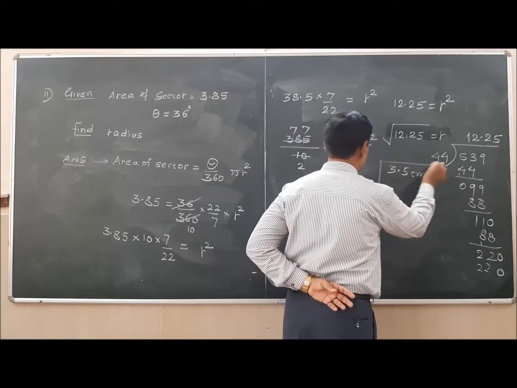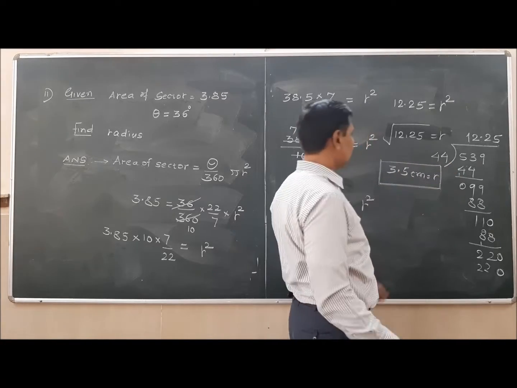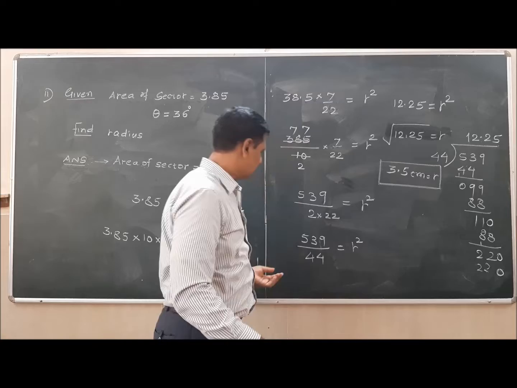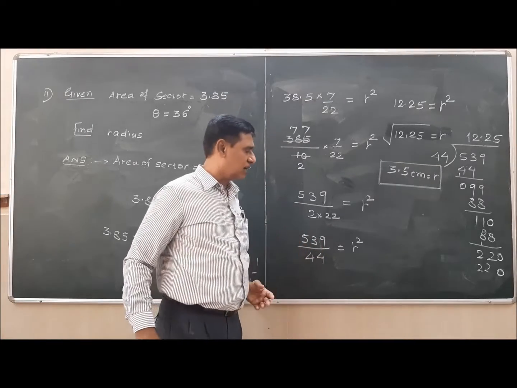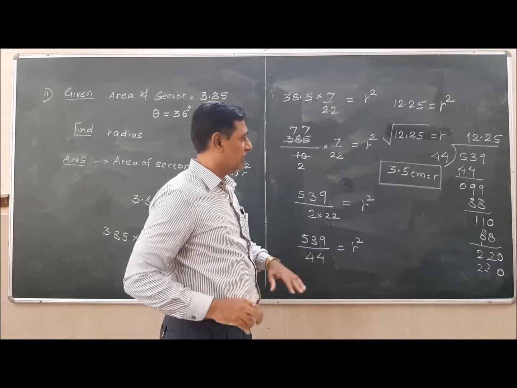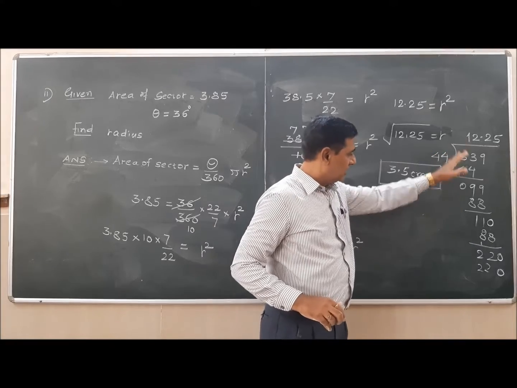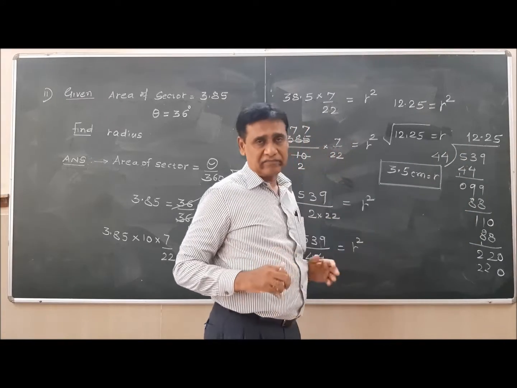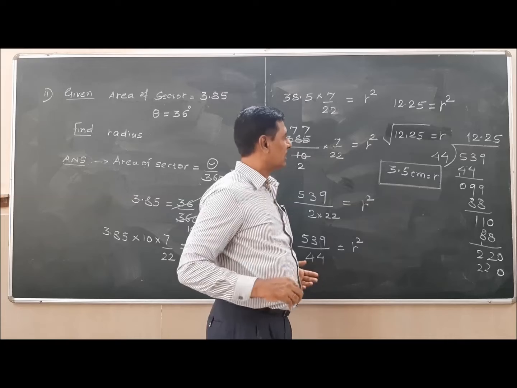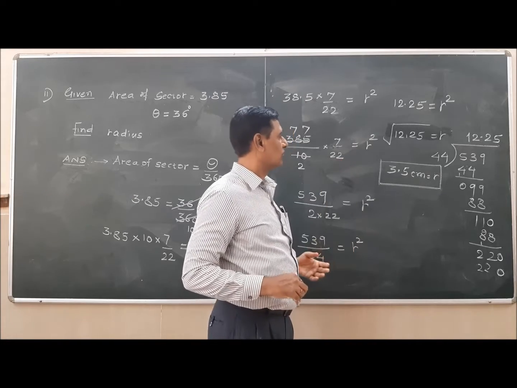So this is how you will find it. Calculations are not so simple because 539 upon 44 is a tedious calculation. You have to be very careful. You got it as 12.25, square root of 12.25.